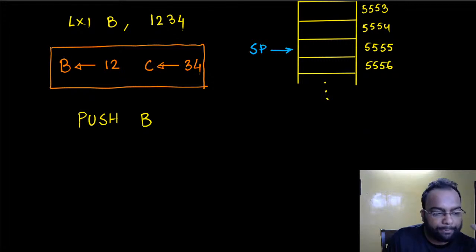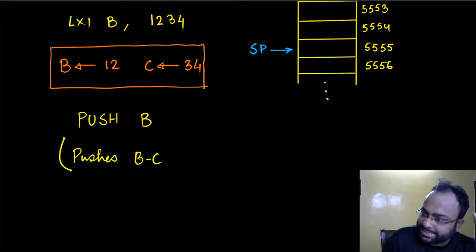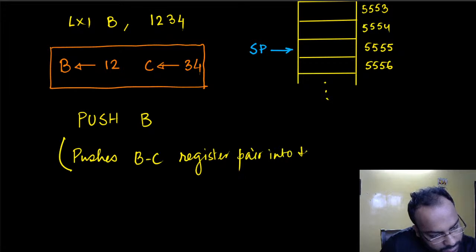I'm going to discuss all these things. For example, if I say PUSH B, it pushes the BC register pair into the stack.